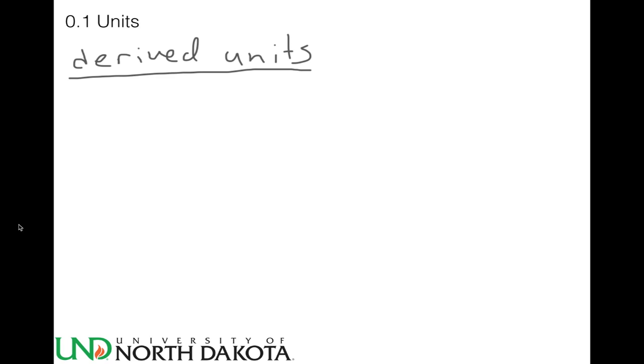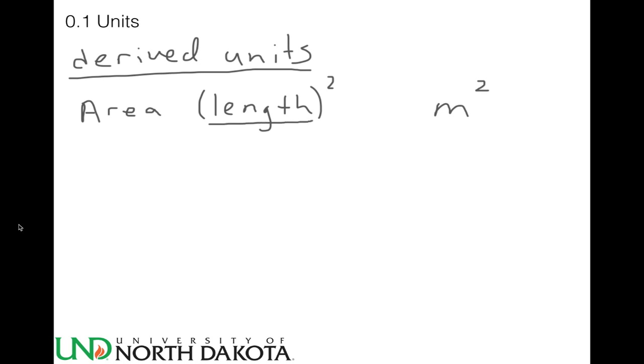For instance, area is two-dimensional length, so it's length squared. The fundamental SI unit for area is meters squared, so you take the fundamental SI unit for length and you square that to get area.